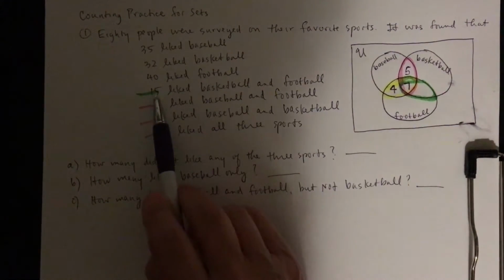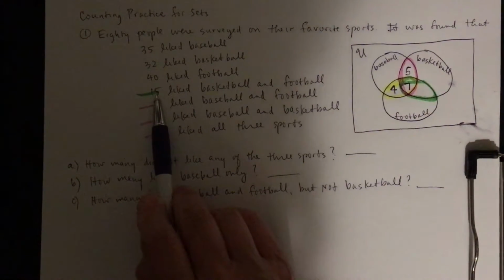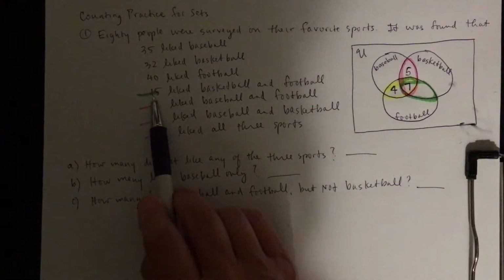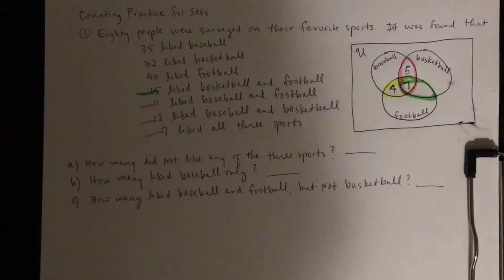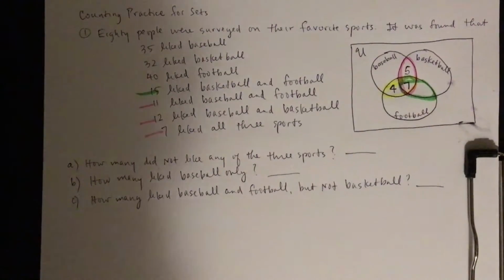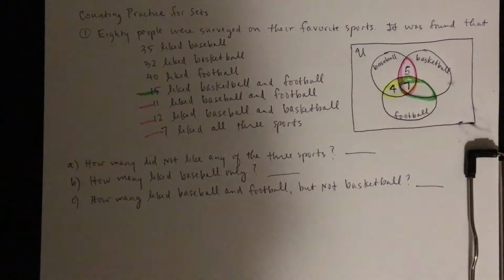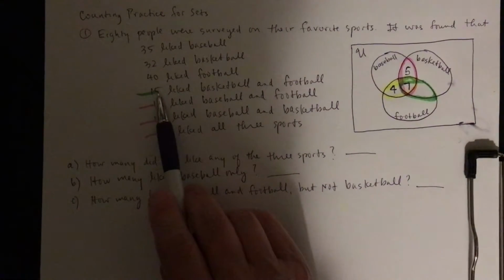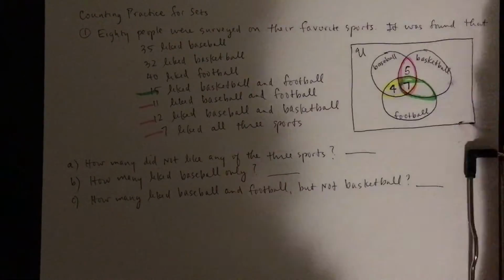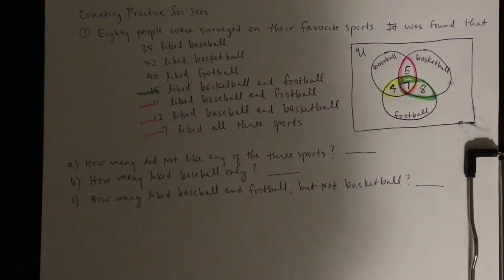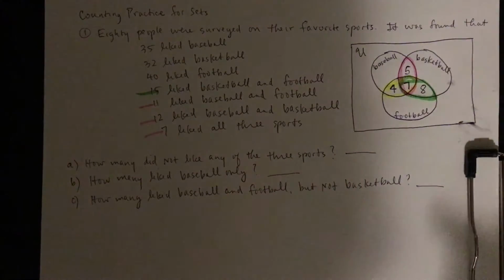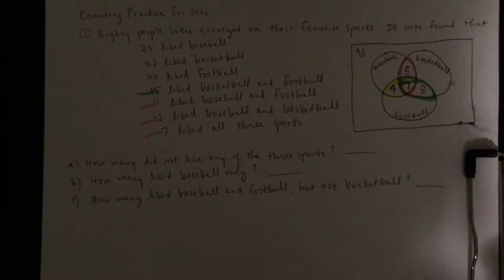Now, of the 15 people who liked basketball and football, 7 have already been counted. The 7 who like all 3 also liked basketball and football. So we have to subtract. 15 minus 7 is 8. 8 people liked only basketball and football and not baseball.